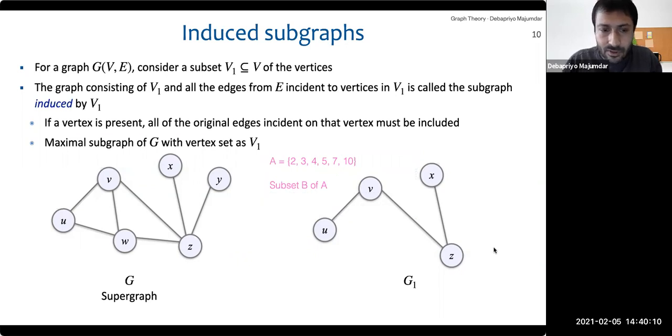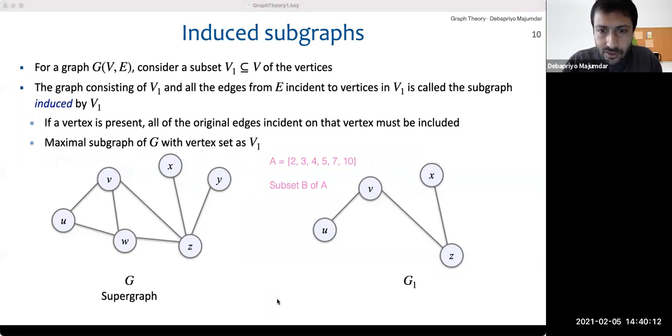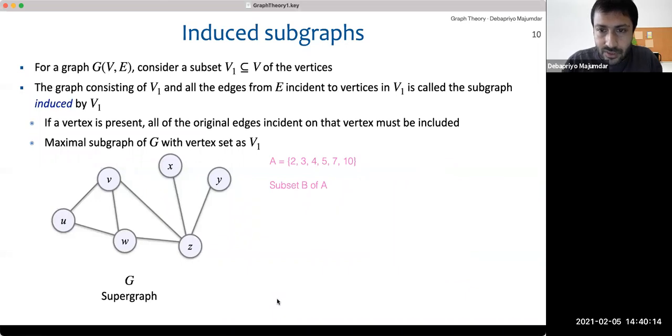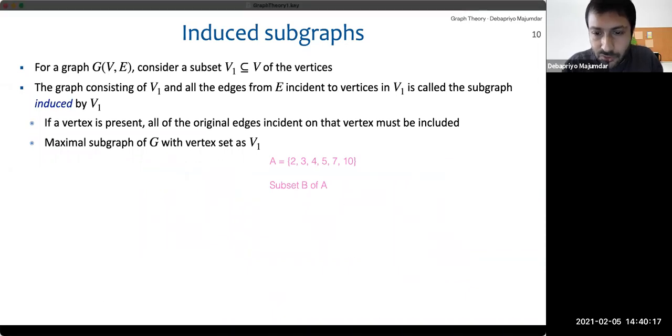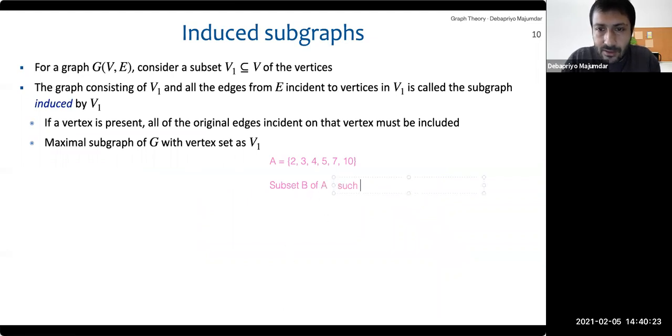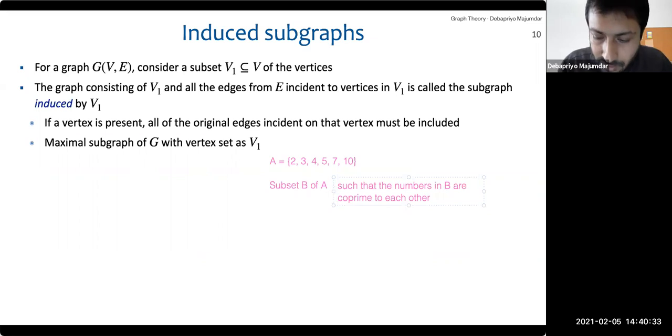Let me remove these things, so I now have more space. So let's say I want to take a subset B of A such that the numbers in B are co-prime.